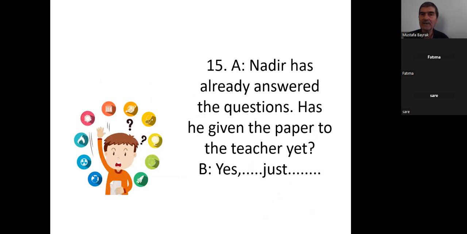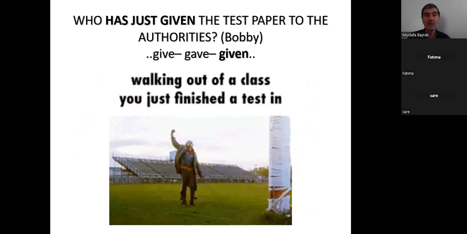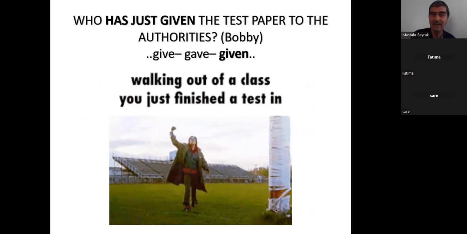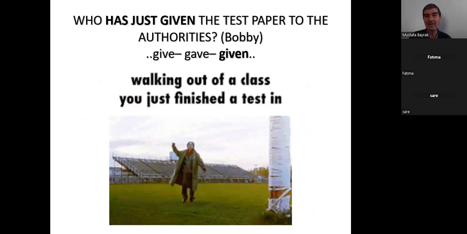Dialogue 15. Nadir has already answered the questions. Has he given the paper to the teacher yet? Yes, he has just given the exam paper to the teacher. Another give. Walking out of a class. He has finished answering the questions, and he is walking out of a class.